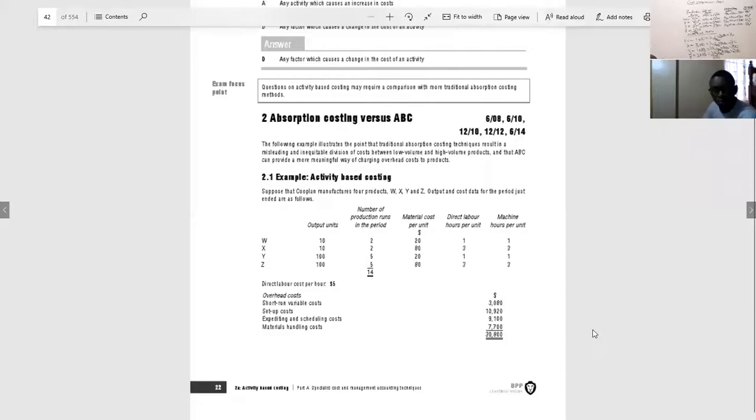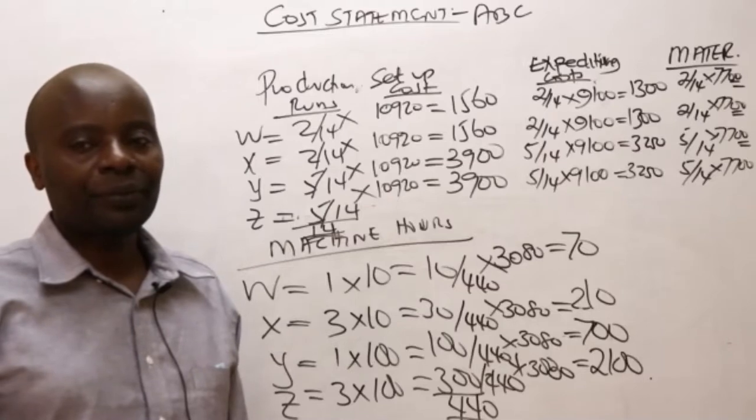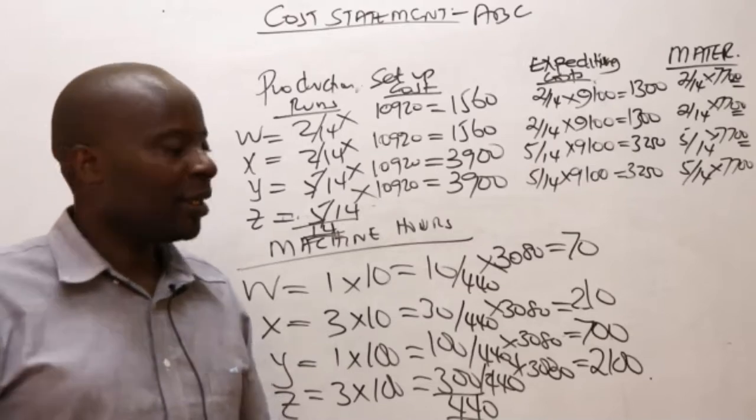The figure is 7,700. Times 7,700. Please give us figures.